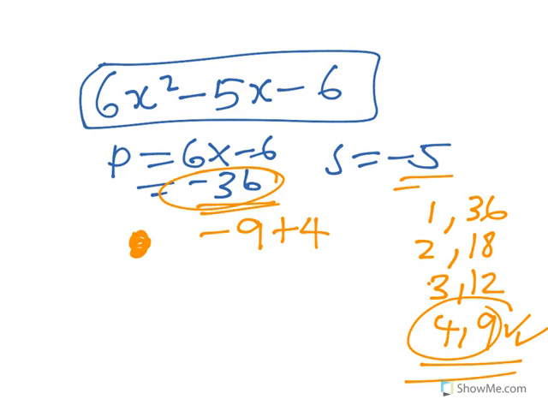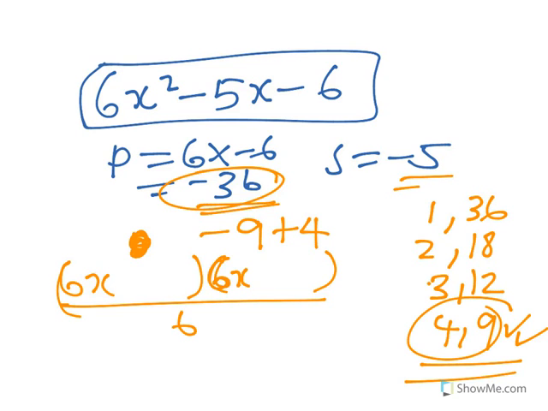Okay, so if I'm looking at this now, I need to go 6x over 6. And then I need to put the two numbers in that I just found, which was minus 9 plus 4. Now if you look at this, there is not a common factor of 6. So what you have to do with your 6 is break it up. So you go 2 times 3.